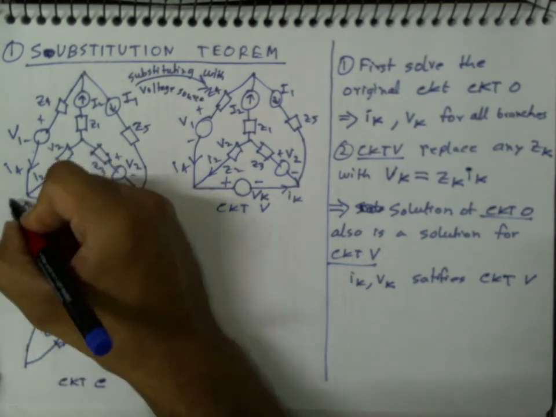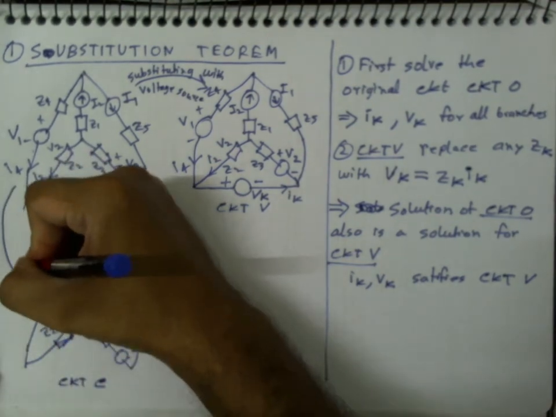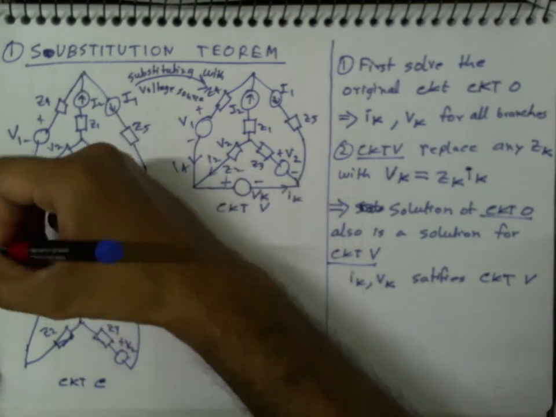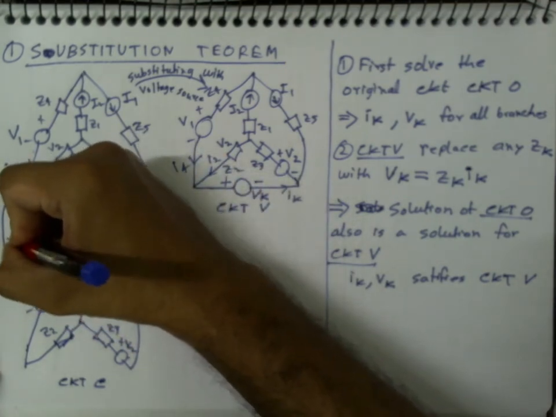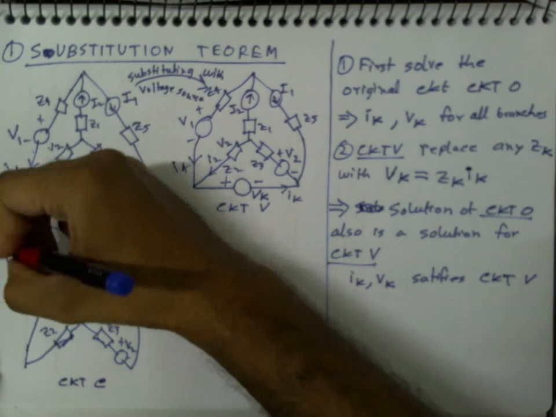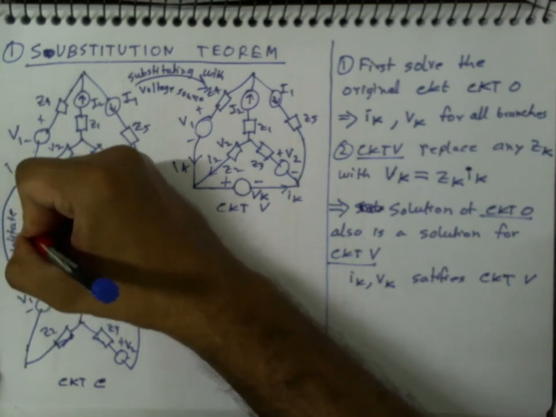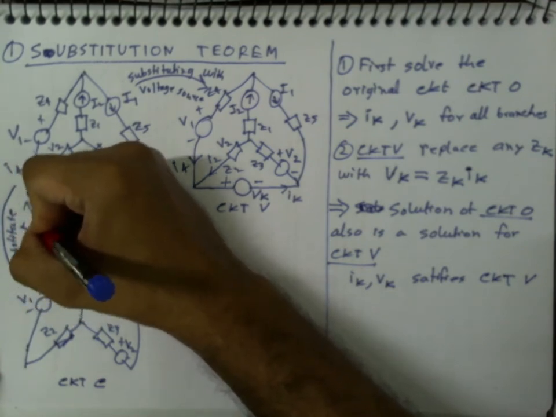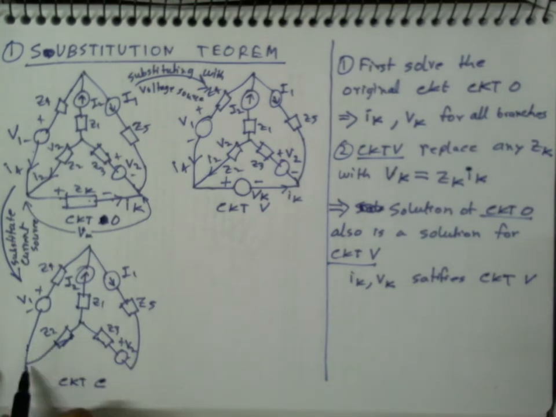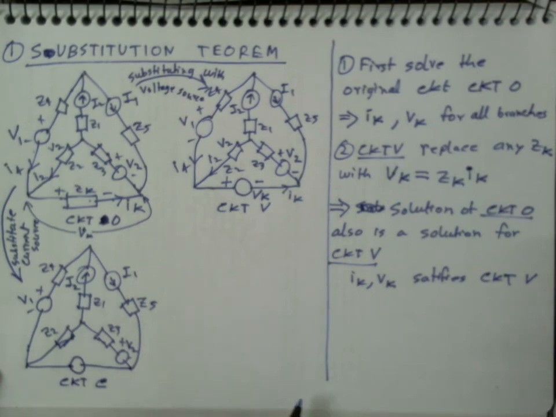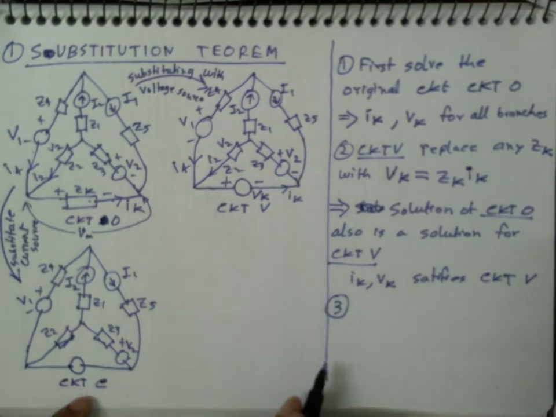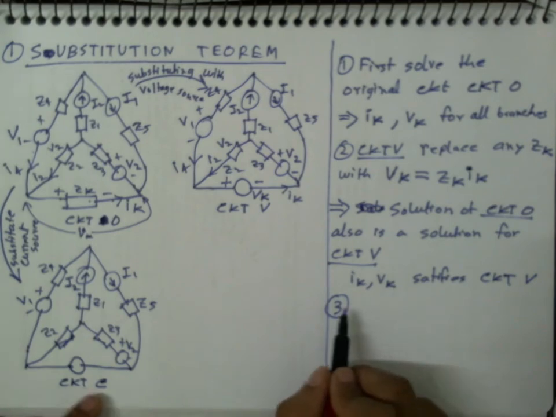Now we can do another trick. Instead of substituting with a voltage source, we can substitute a current source. So here I will take a current source, and the value of this current source, okay, this is another form of substitution theorem.